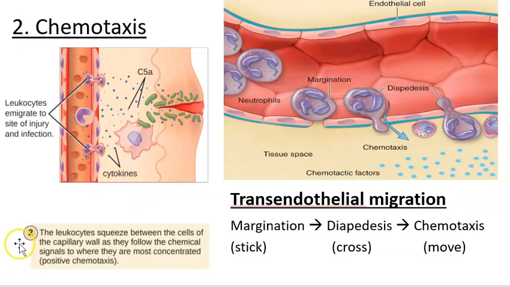When we look at the second step here, now that you've gone through this process of activation, you're going to have chemotaxis. You're going to have the attraction of cells that are traveling through your bloodstream to the site of the injury right there. So these leukocytes, think monocytes, those small cells that are floating around there, they're going to be able to do what's known as transendothelial migration. They're going to go across this layer of cells in that capillary bed right there.